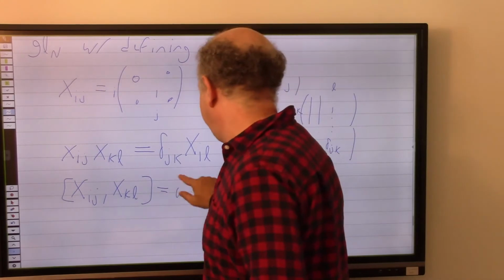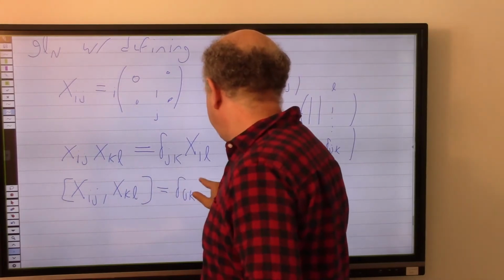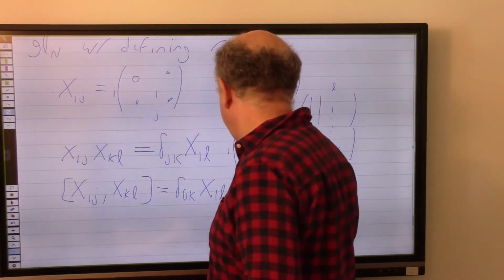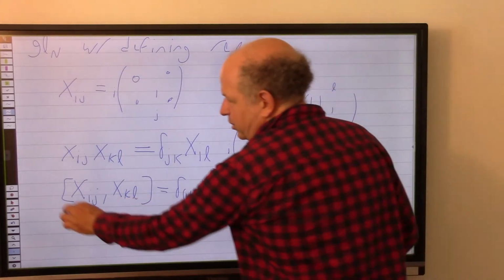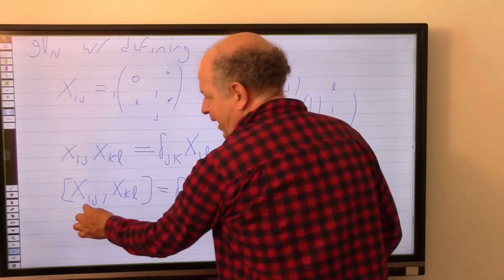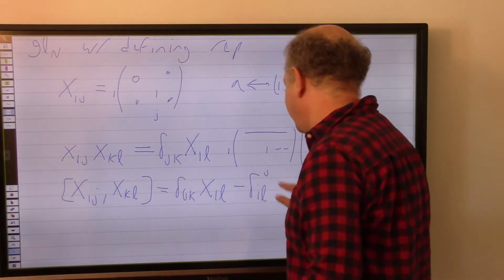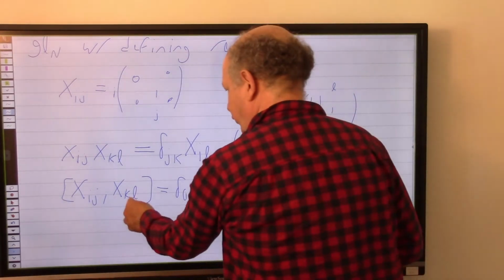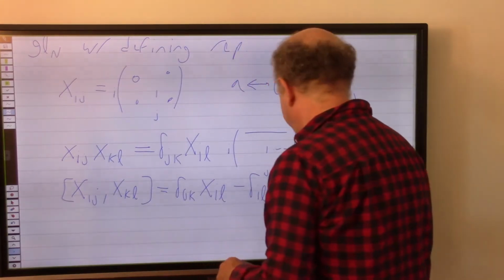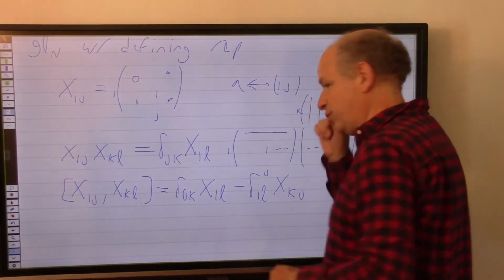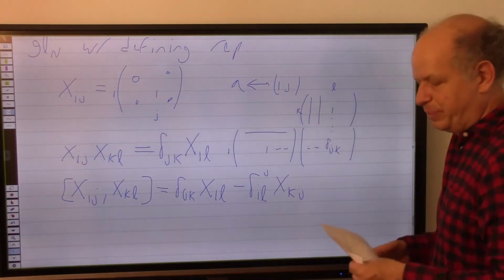So it's delta JK XIL minus the product if you flip the order, so it's delta IL, and if you flip the order, you get XKJ as the output. Okay? Good.